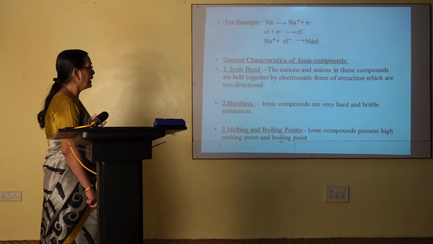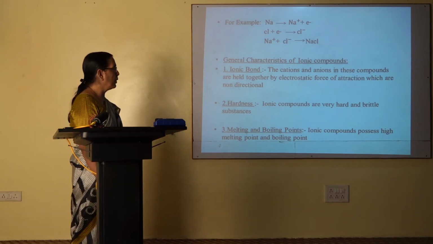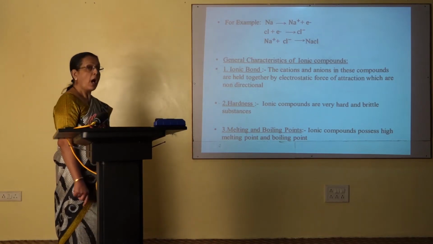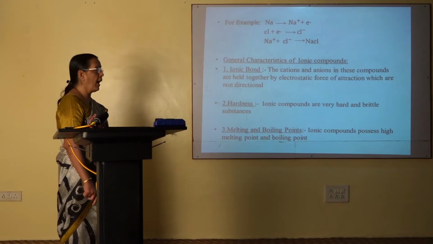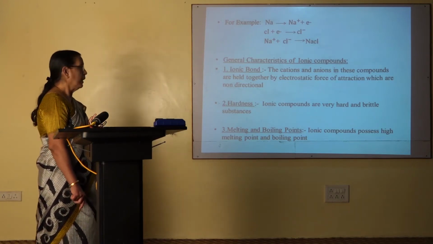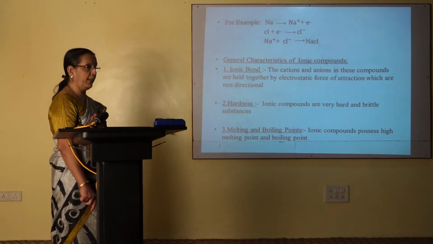Third, a face-centered cubic unit cell in which there is an atom at each corner and one in the center of each face of the cube. See the third figure, that is the face-centered cubic unit cell.